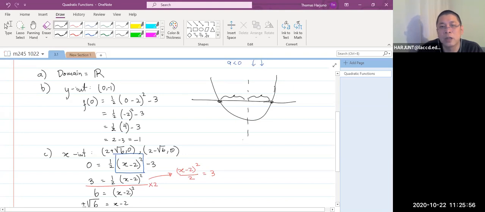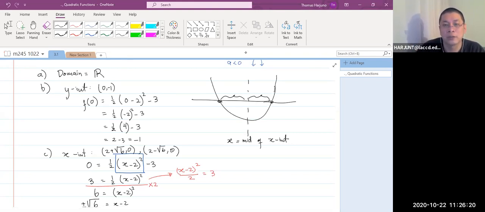So you see that this axis of symmetry here is actually the midpoint. You can find the axis of symmetry as the midpoint of the x-intercepts.